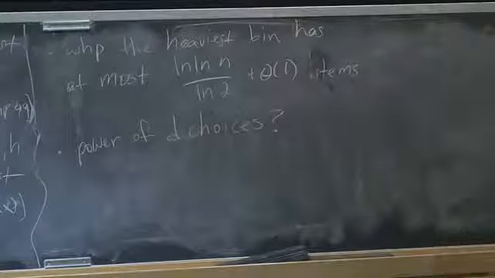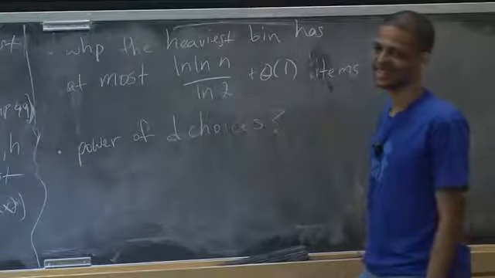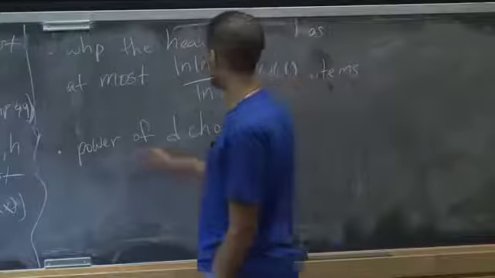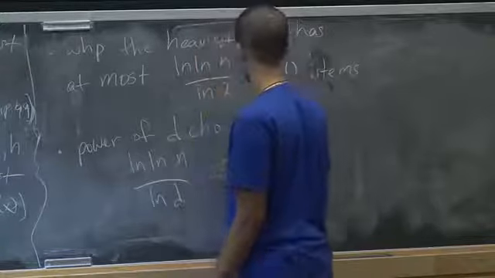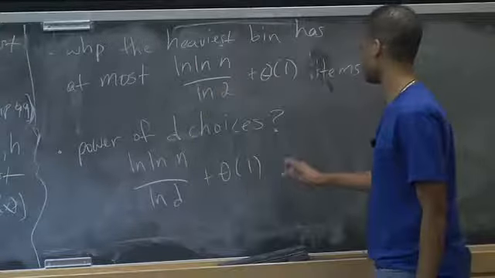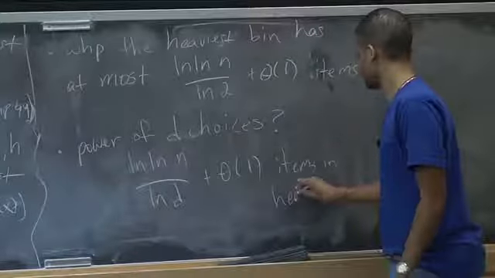Any guesses about what happens there? I'm sorry? Actually, that's exactly what happens. You get ln ln n over ln d. Which is unfortunate, right?